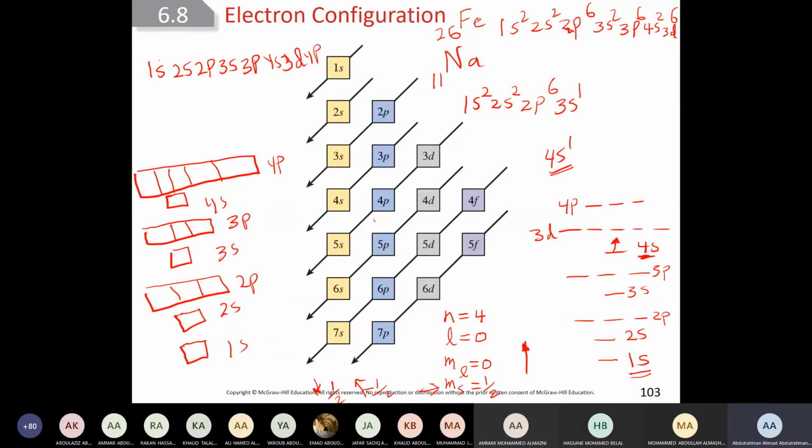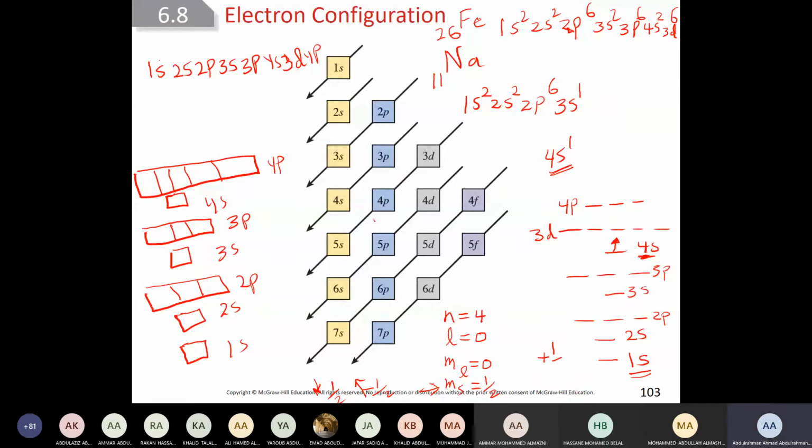Positive, plus half? Yes. Then automatically, what's this? You don't have to think now. This must be minus half. Clear? Clear. You decide. No problem.